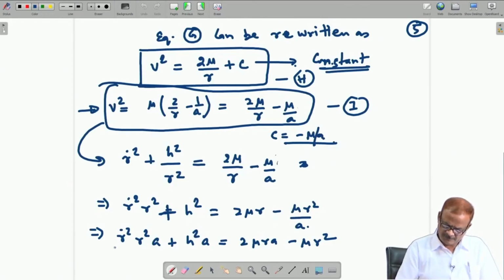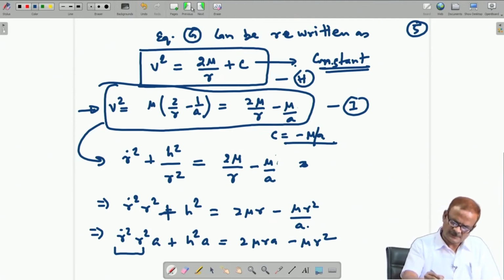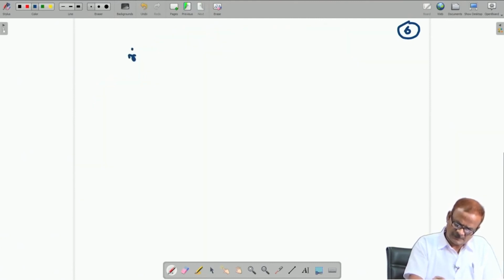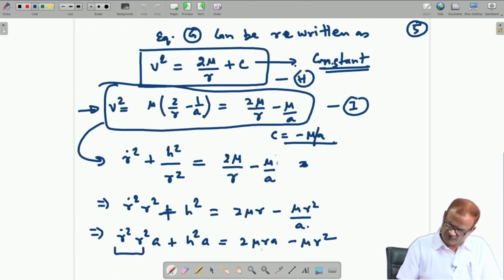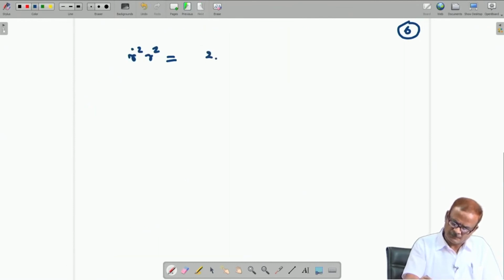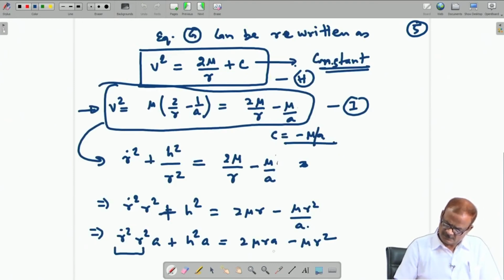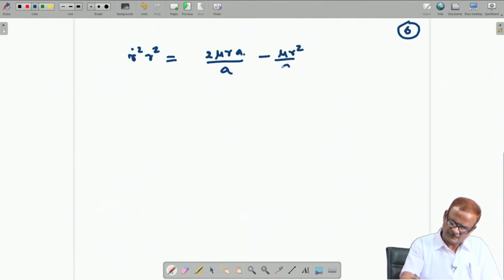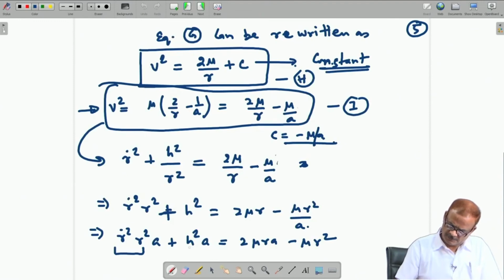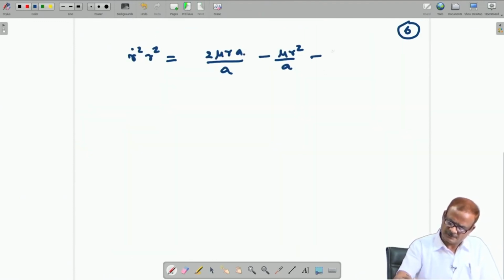So, r dot square, what we were looking for, this expression. r dot square then becomes 2 mu r a divided by a minus mu r square and then minus h square a, divided by a.